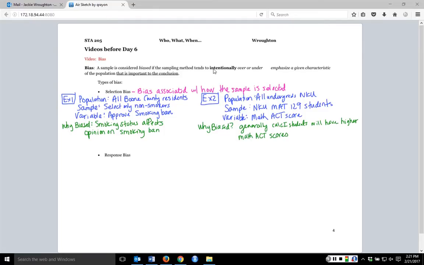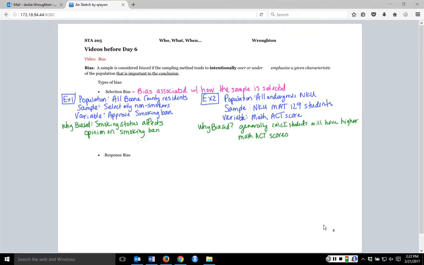Now again, this must be intentional. Like, I'm only selecting non-smokers. Now, if I have my population being all Boone County residents and I just sample 1,000 people, I could end up with only non-smokers. But I'm not intentionally making sure I get all non-smokers. So this intentionality part is part of the bias.